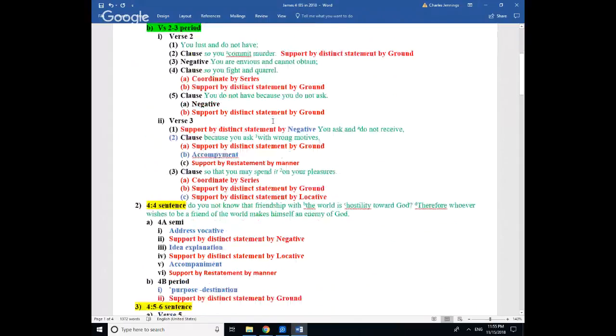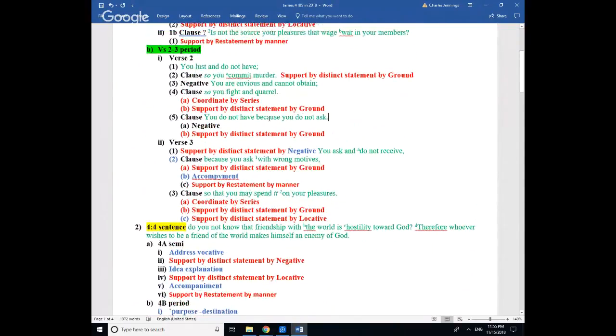So if you look right here, actually this can be a full sentence, but I'm thinking in terms of Greek. The becauses, the hotties, are usually subordinate. But look right here. Support by distinct statement.